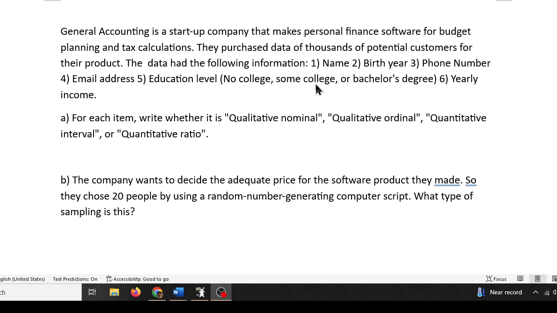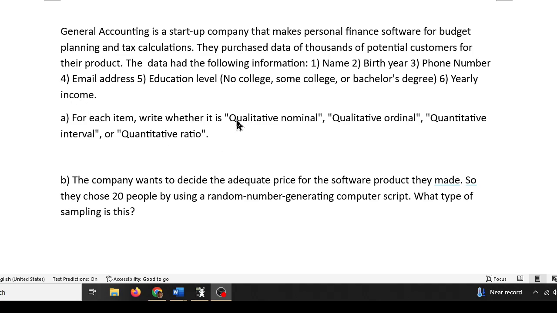And if that's how the education level is recorded, then that's a number, and the numbers do have a meaning. So in that case, the education level could be quantitative rather than qualitative. But at least for this sort of data, it must be qualitative. Yearly income, of course, it's a number, and it's obviously quantitative.